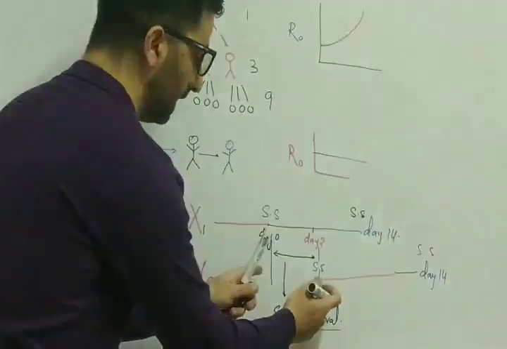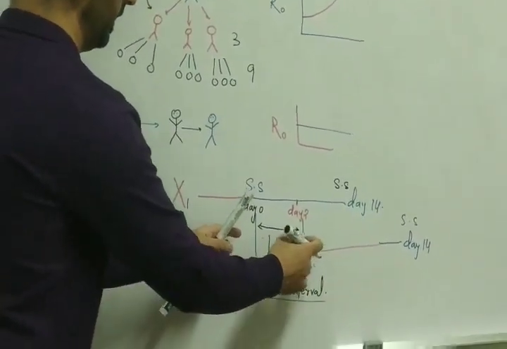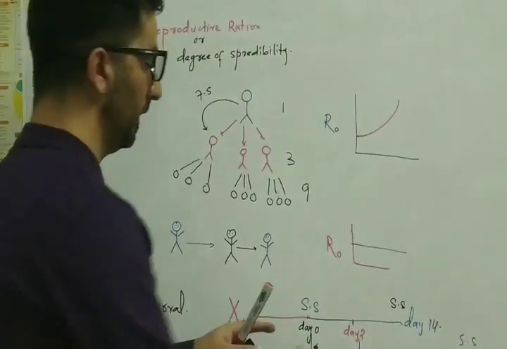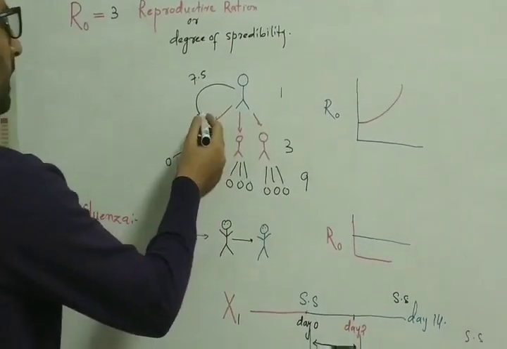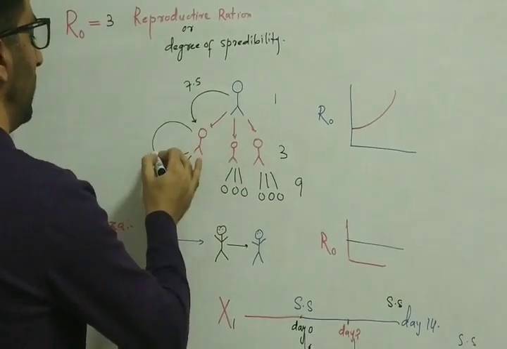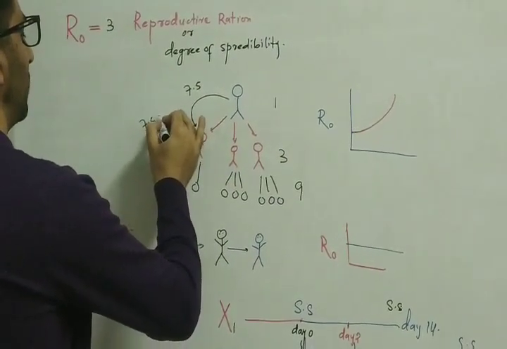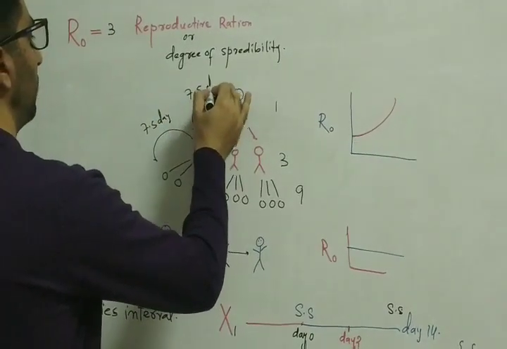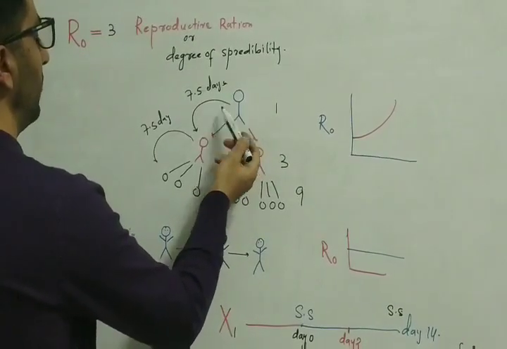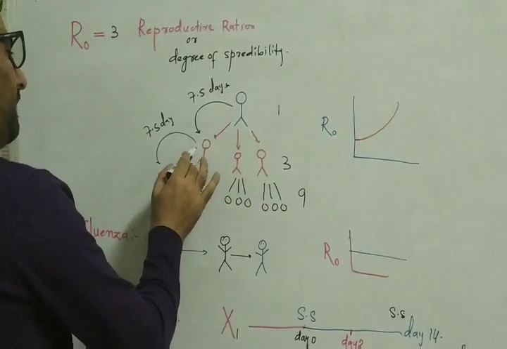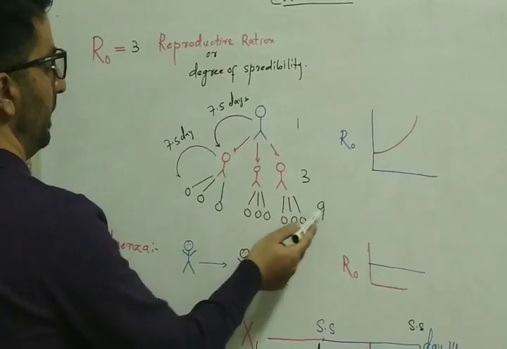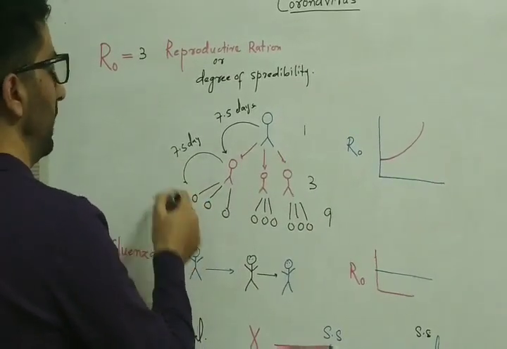It means symptoms start after 7.5 days in the next person, and later, after another 7.5 days, symptoms start in the next.